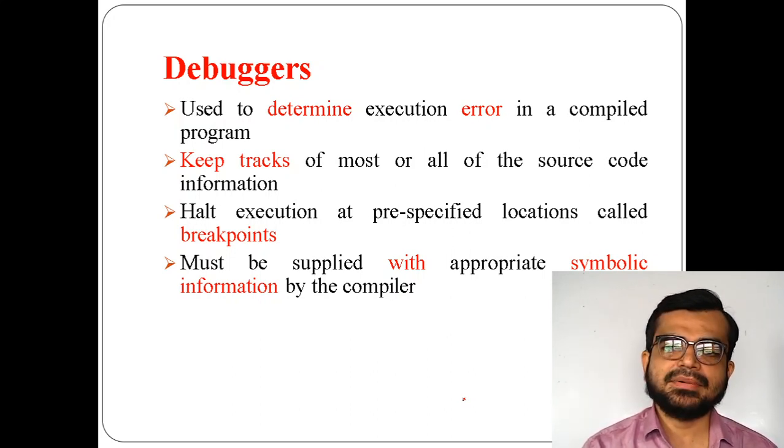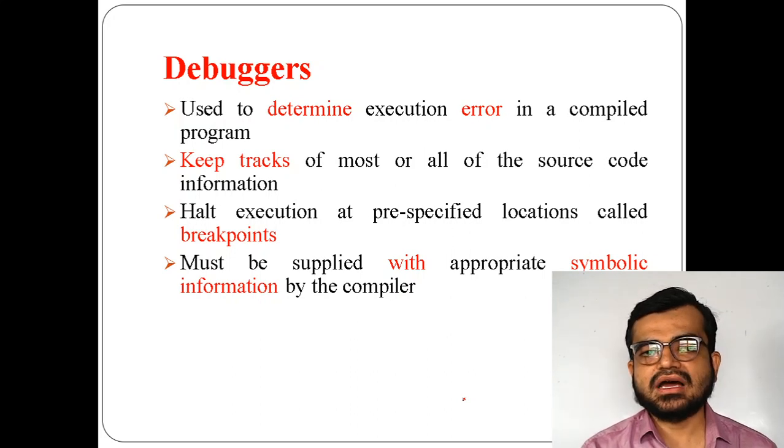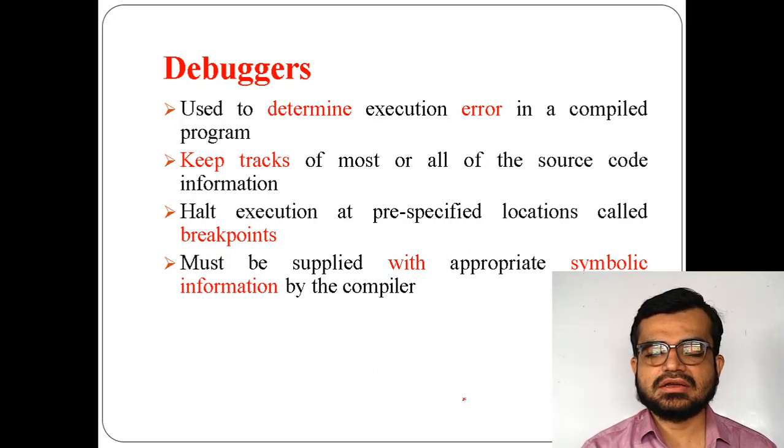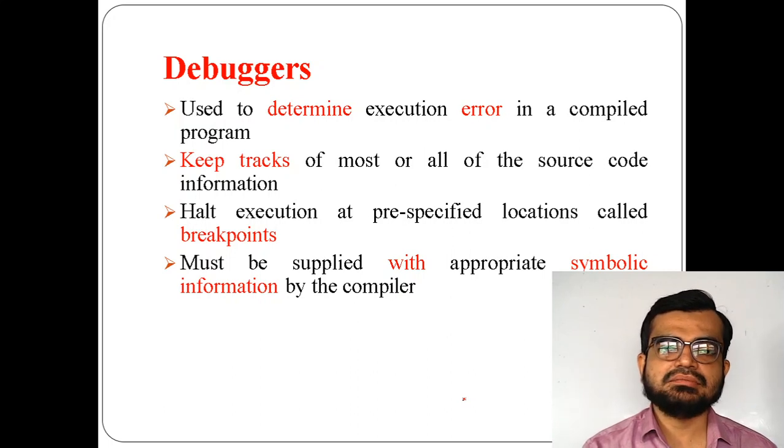The compiler will convert the program, and after that it executes. The compilation process is a different thing and the execution process is a different thing. As and when the compilation process succeeds, if there are any execution errors, the determination of such errors will be done by debuggers.